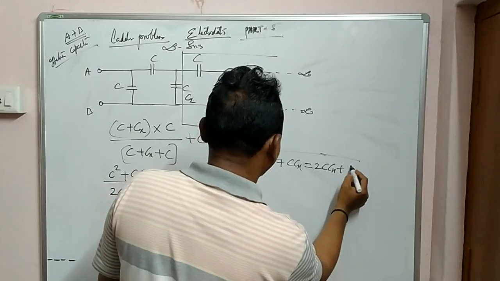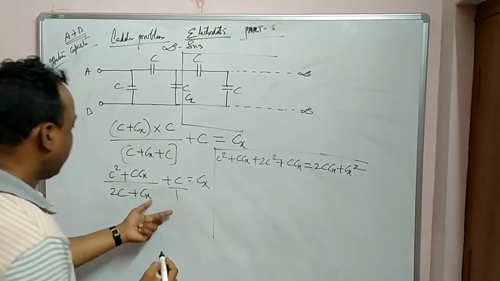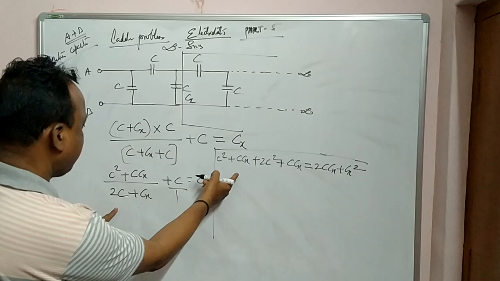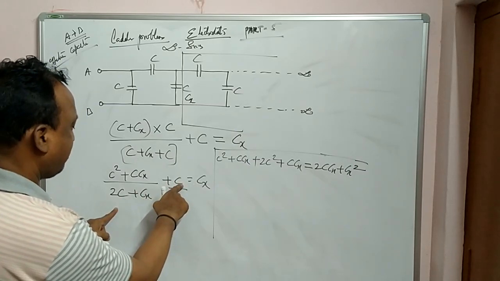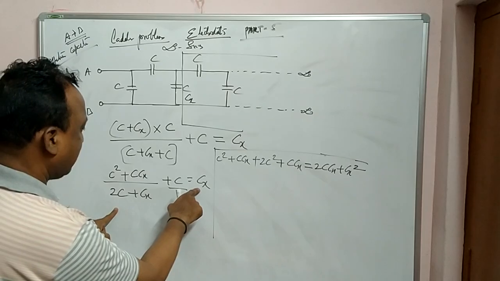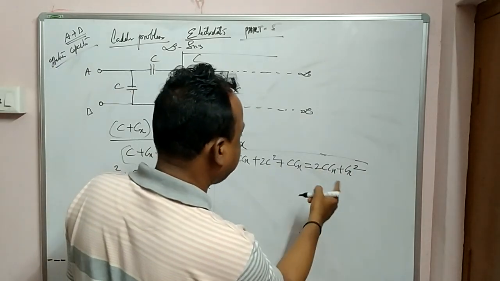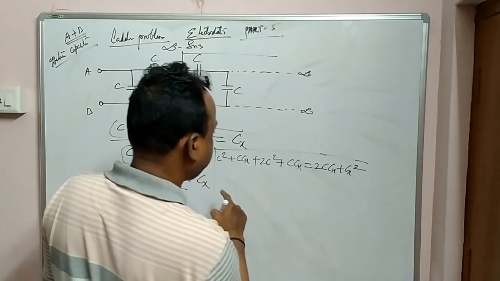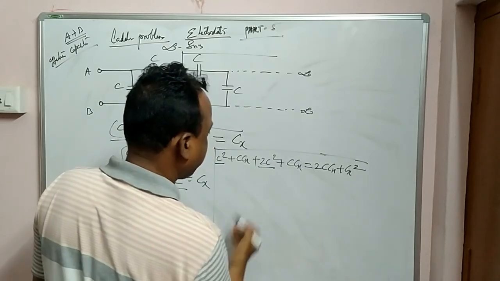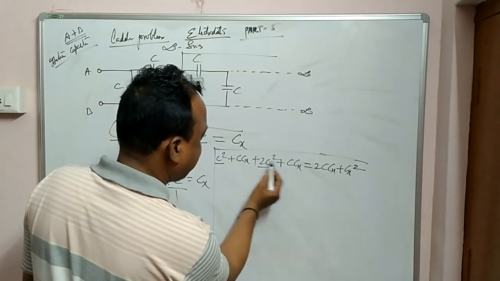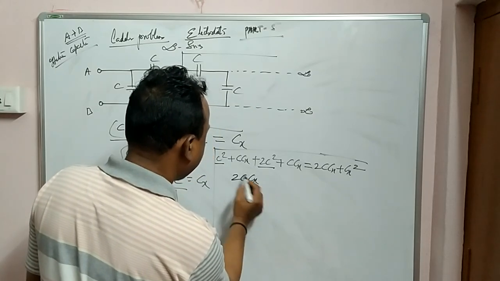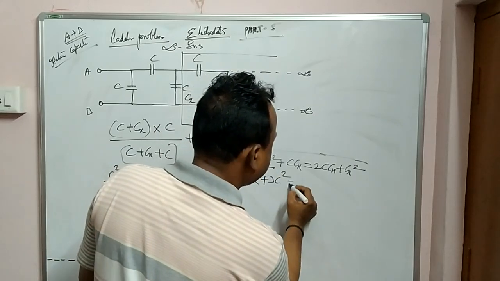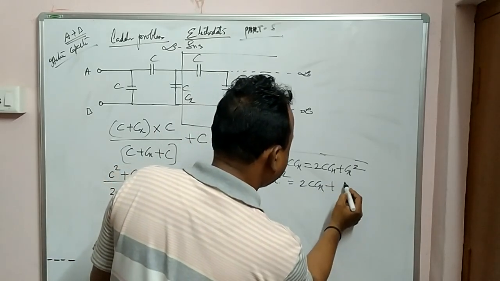Common terms are there: 2CCx, C square and 2C square, so 2CCx plus 3C square is equal to 2CCx plus Cx square.